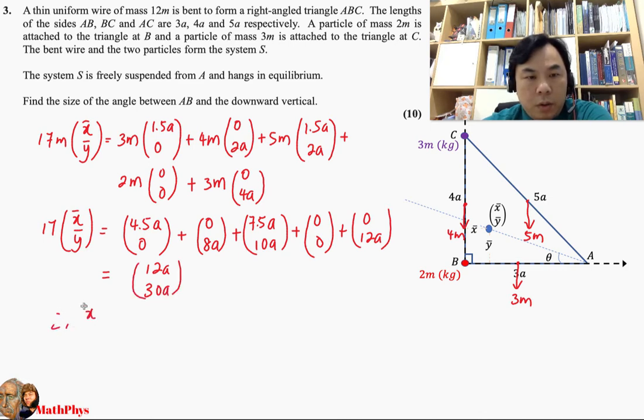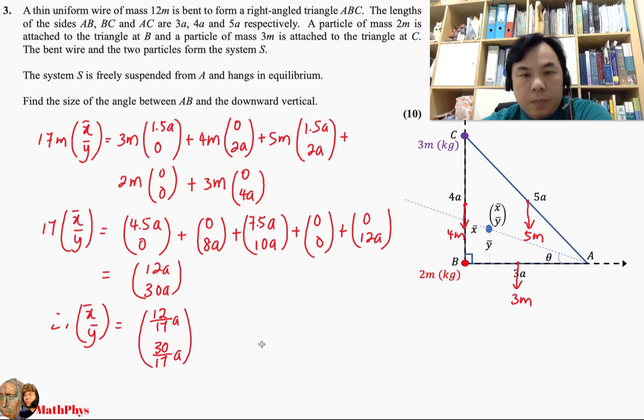Therefore, the center of mass for this structure, based on this configuration, is 17. Oops, sorry, so 17 is 12 over 17. Just let me correct that. It is 12 over 17a, and then 30 over 17a.